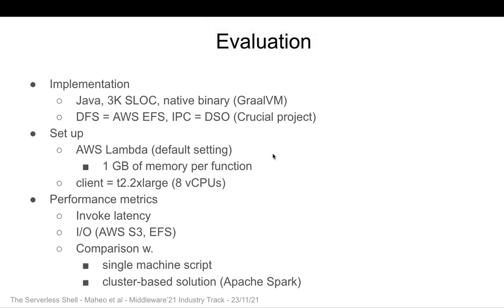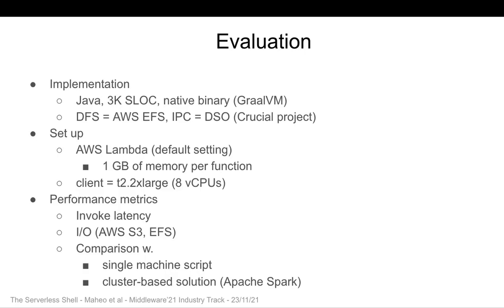Now, let's see the technical part. The serverless shell was developed in the Java language, and the software contains around 3,000 lines of code. The serverless shell was built as a native binary using the GraalVM Java implementation. For the distributed file storage, we use AWS Elastic File System.